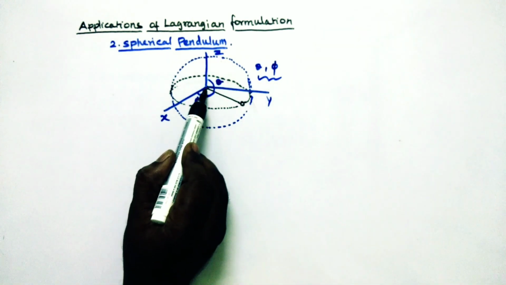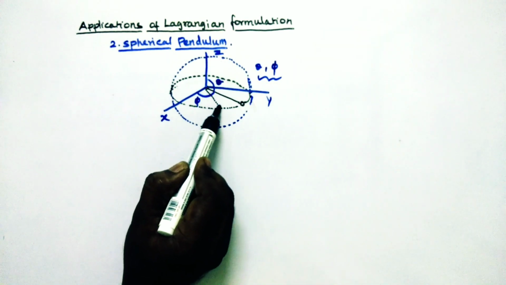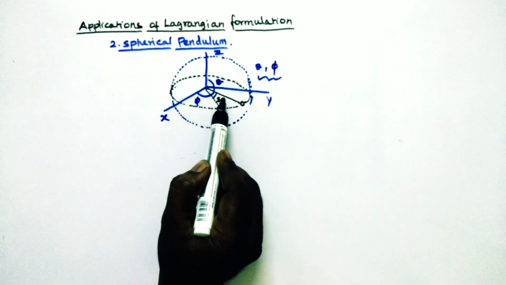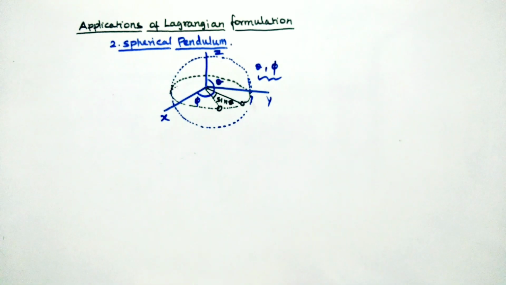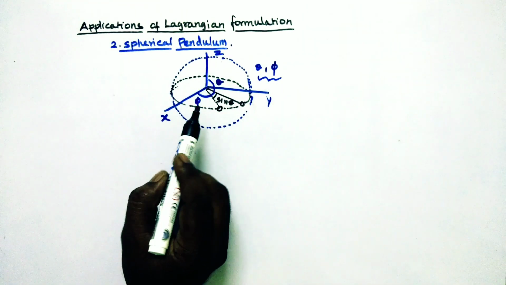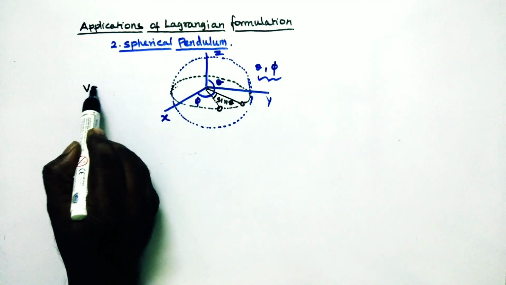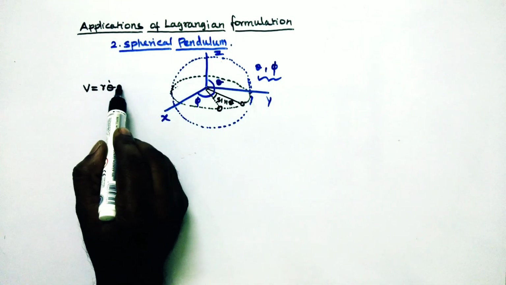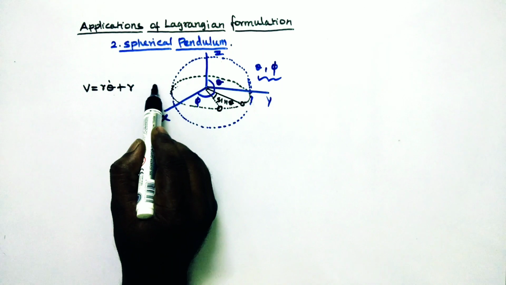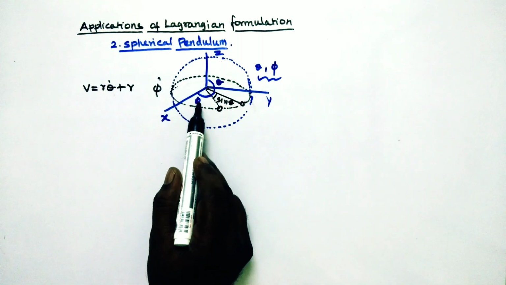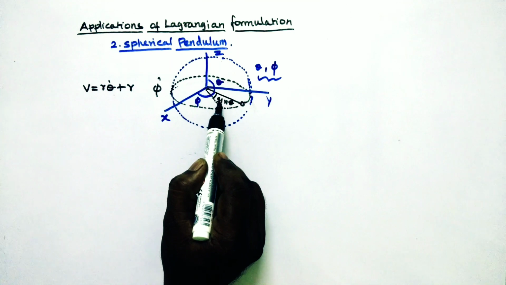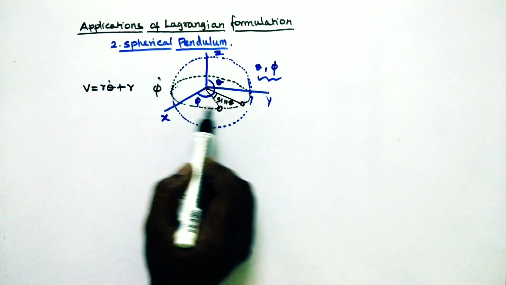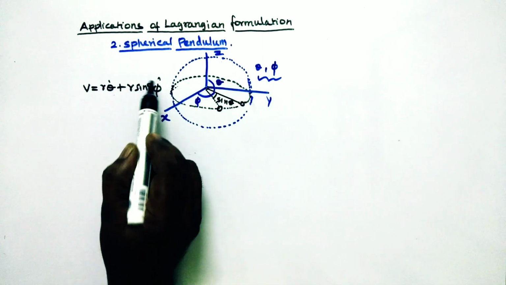Now this particle is moving along the circular path, and it makes a small angle, sin theta. Therefore, from the figure we can easily write the velocity of the particle as r theta dot plus r phi dot, with a small deviation in the horizontal path, that is sin theta.